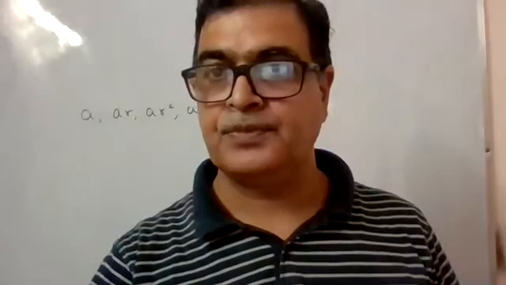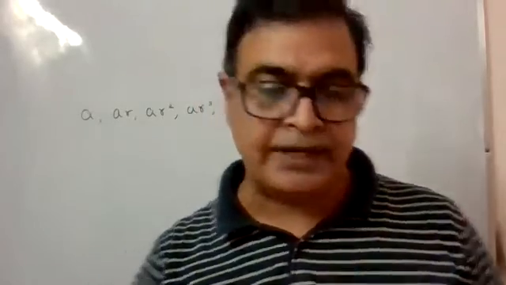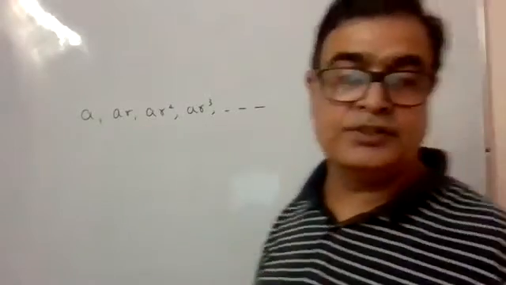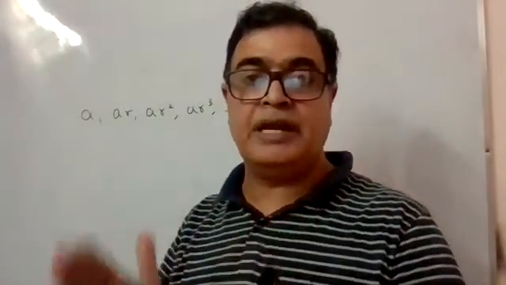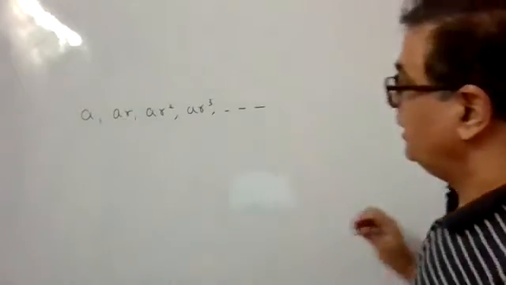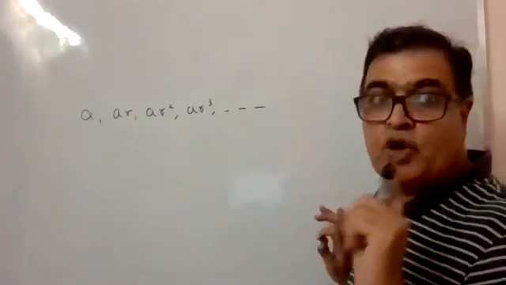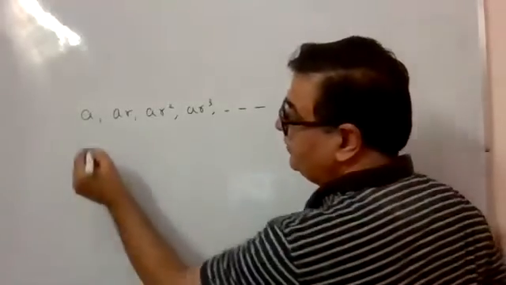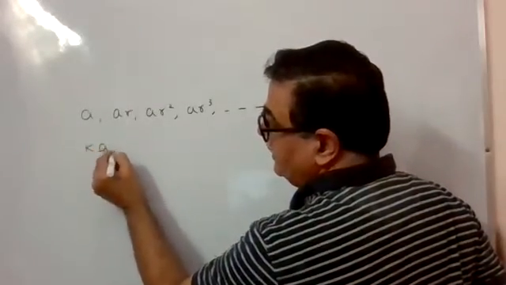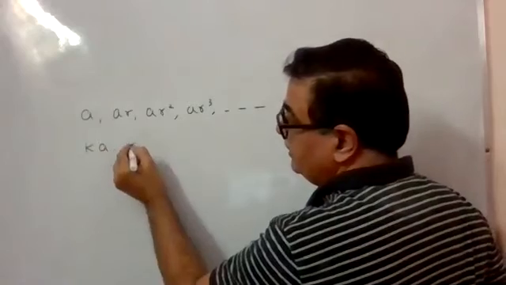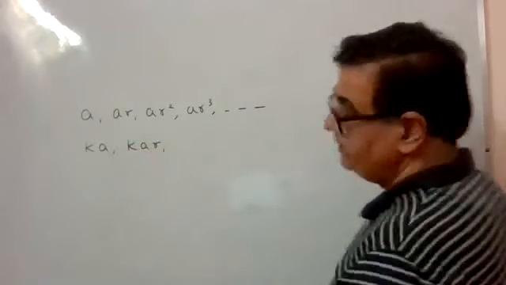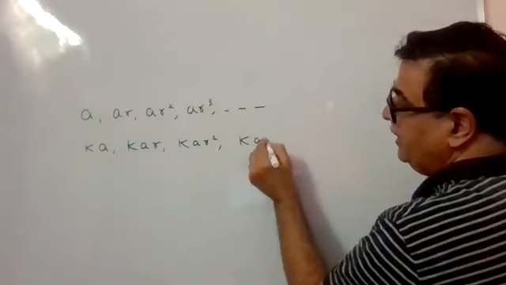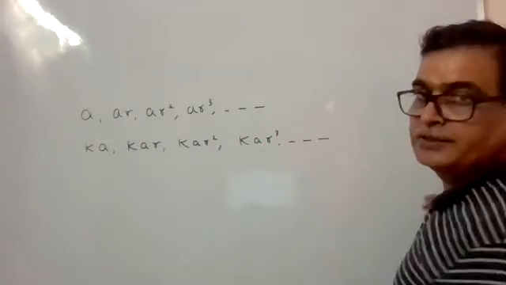Yes, please. So if it is multiplied or divided by some constant non-zero number, then this will remain in GP and with the same common ratio. For example, if I multiply it by K, then it comes KA, KAR, KAR square, KAR cube, so on.